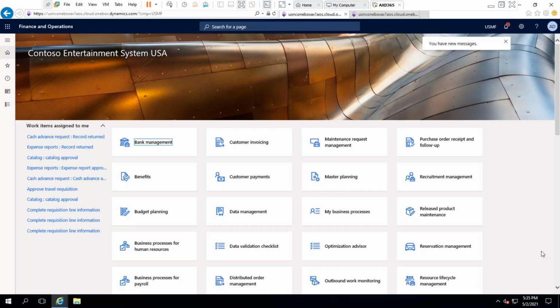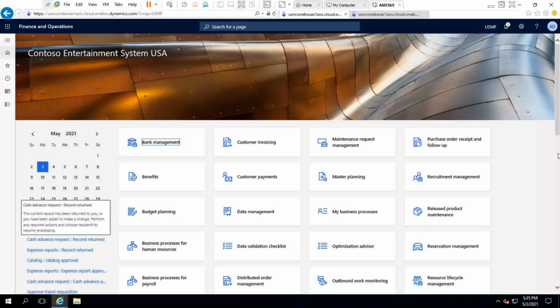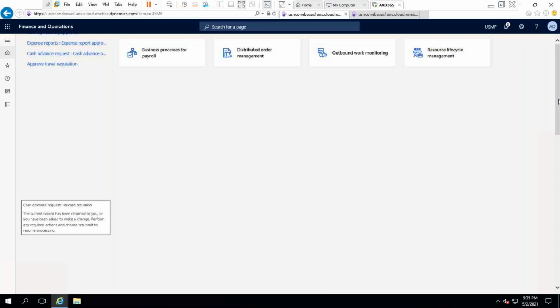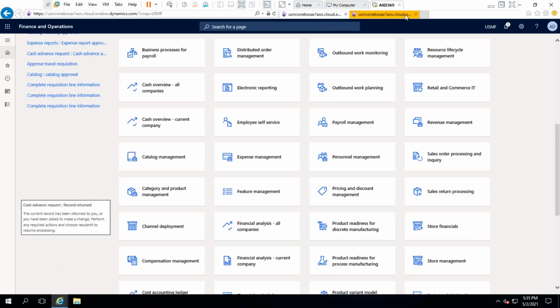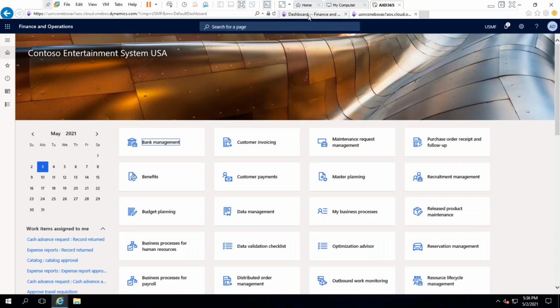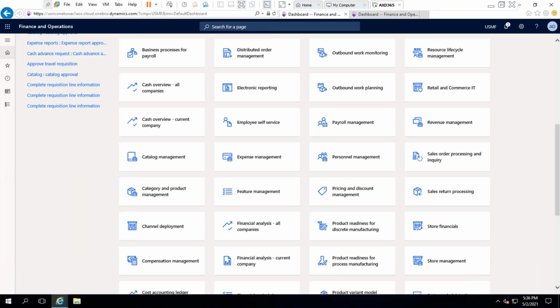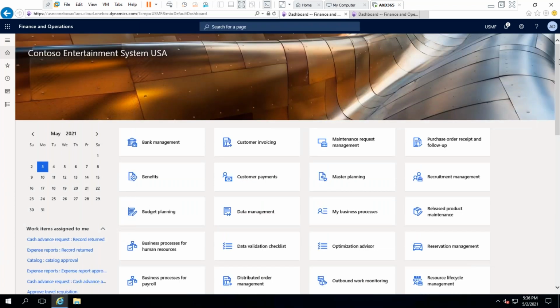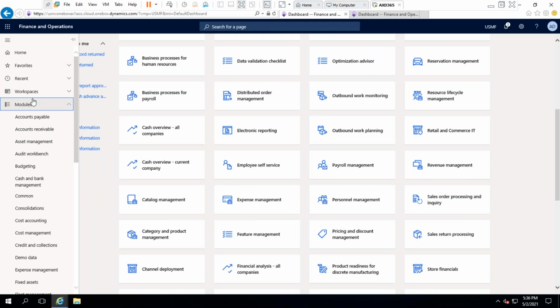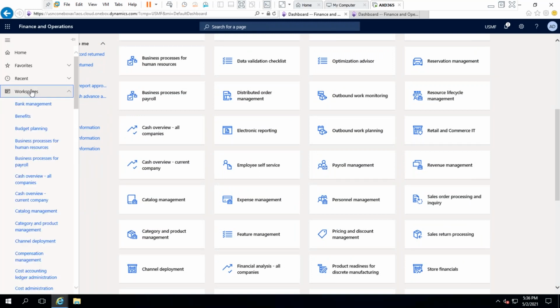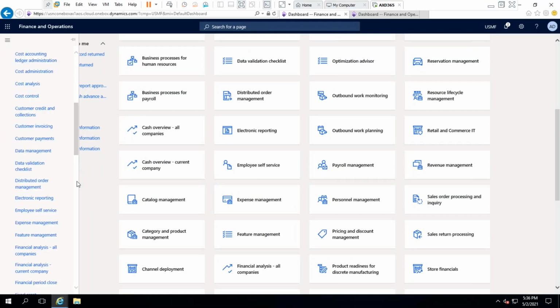These all are workspaces actually. In this, you can go to feature management. Otherwise, here you are able to see modules. Here workspaces. In this also you can click on feature management. Either one. Both are same.